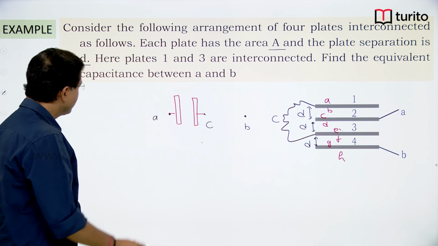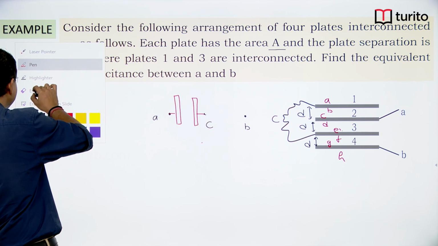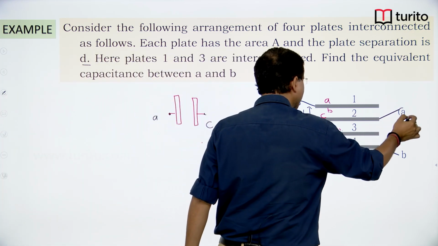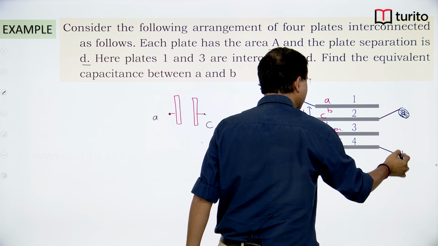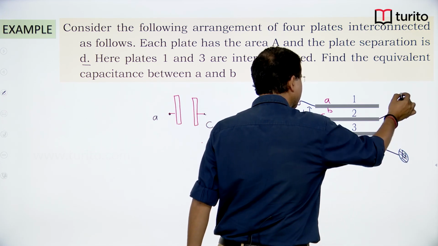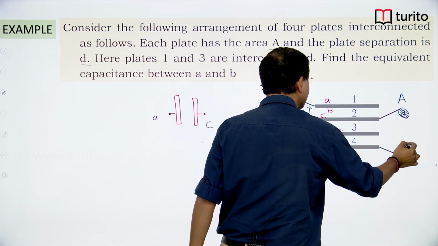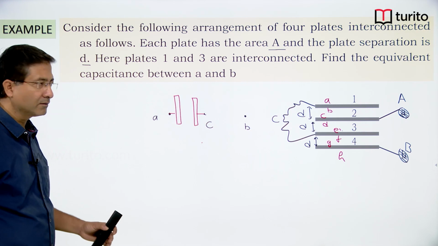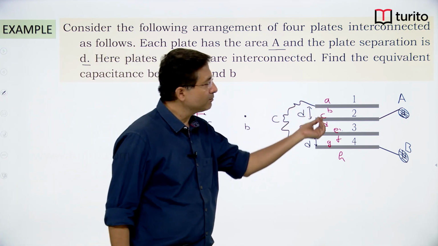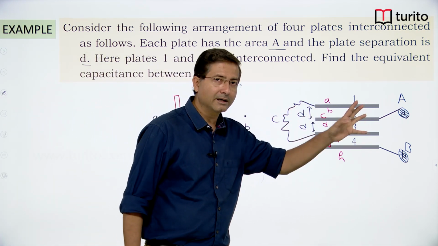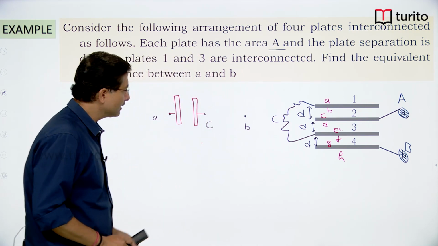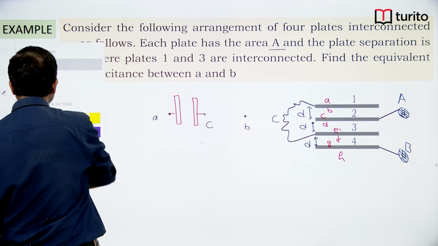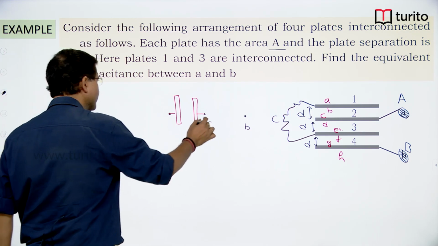Better do one thing: I will assume this to be capital A, this to be capital B, and this is capital C. Now there is no confusion: surface names we write with small a b c d and terminal names with capital A B C D, right.